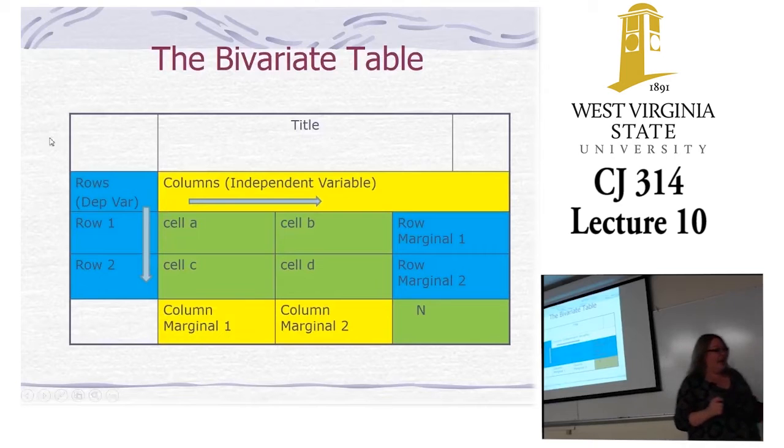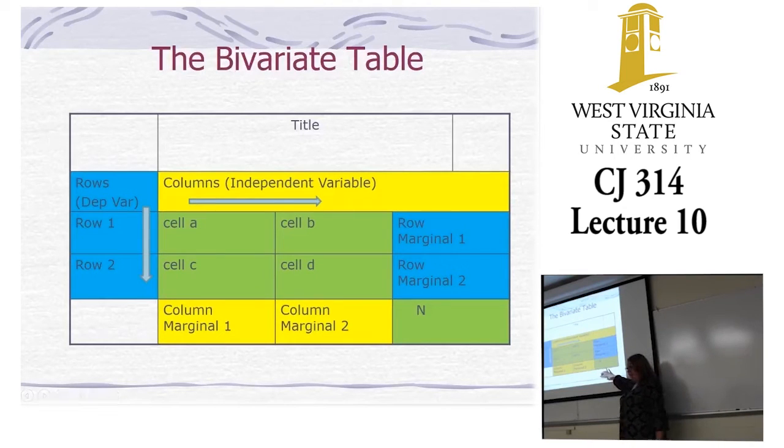We add everything up and we find our total N. Do you understand where each of the cells are coming from? Cell A, cell B, cell C, cell D? Yes or no? I know you're tired. Yes. We're okay with this? We understand where these are coming from? Thank you.